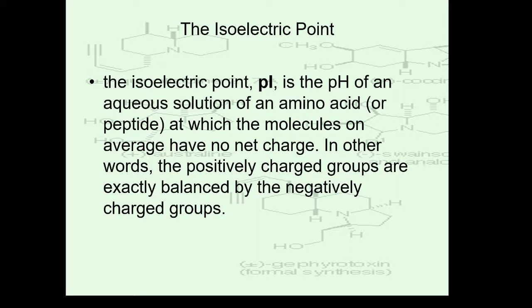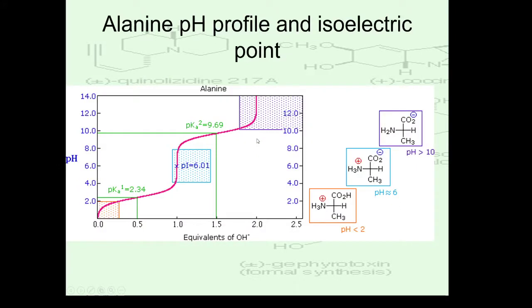So let's say we place it into water. Our isoelectric point for the amino acid would be, let's say it's a nonpolar one, a nonpolar side chain. If I place it into water and the amine end becomes positive, then to have the isoelectric point, the carboxylic end must be negative, because there must be no net charge across the molecule. The negatives and positives must cancel each other out, and that's known as the isoelectric point.